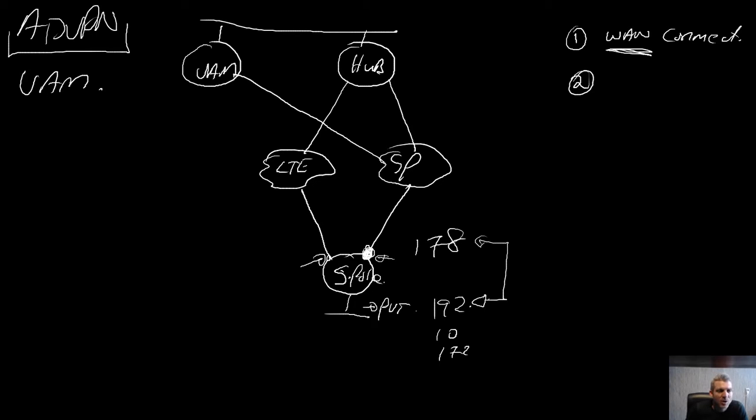Effectively, the first thing in this configuration example would be that the VAM server would be set up, and the type of router and so forth is important. We'll talk about that as we move forward. But the VAM server basically holds a table of IP public to private addressing per spoke.